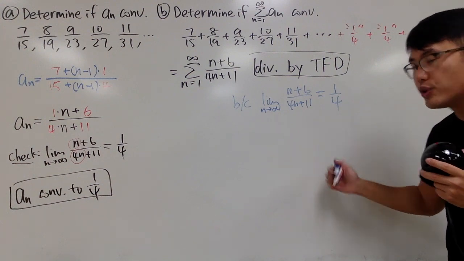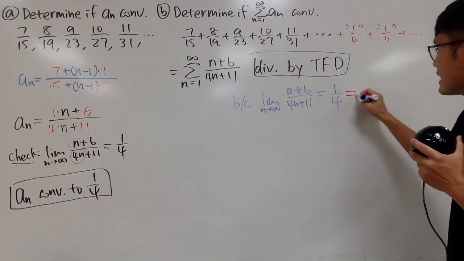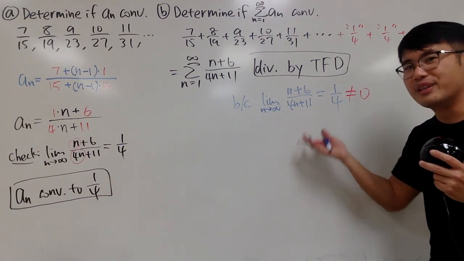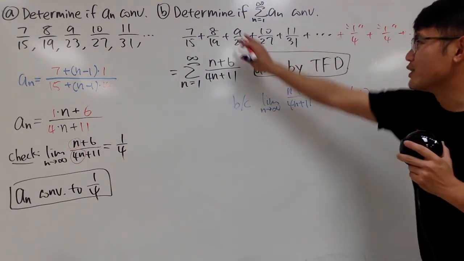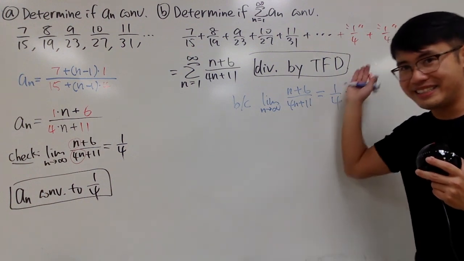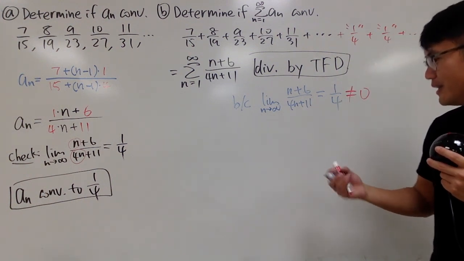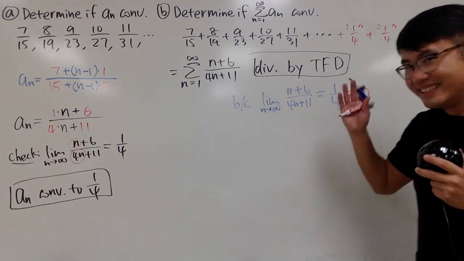And 1 over 4 is crucial because this is not equal to 0. So you can use the test for divergence to argue that this right here diverges. So all this will add up to infinity, and that's the idea, right? And I need to get a new blue marker, but anyway, this right here is it.